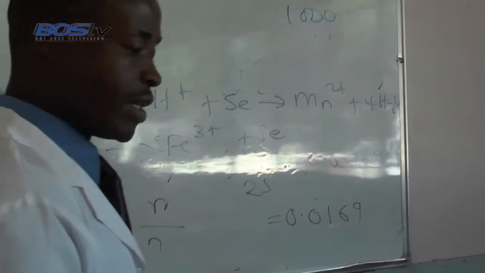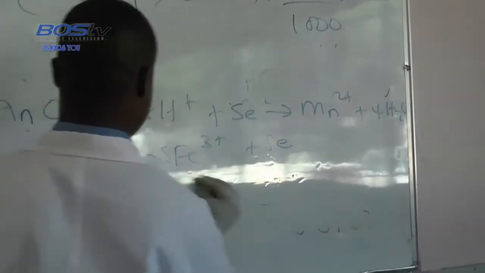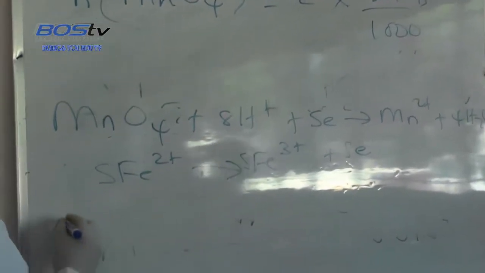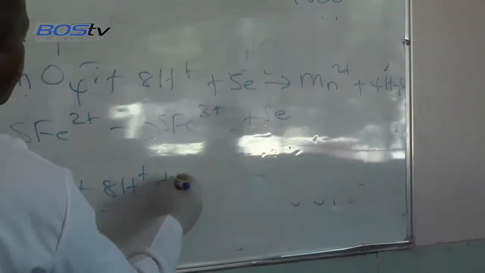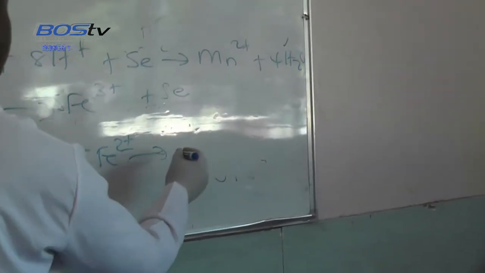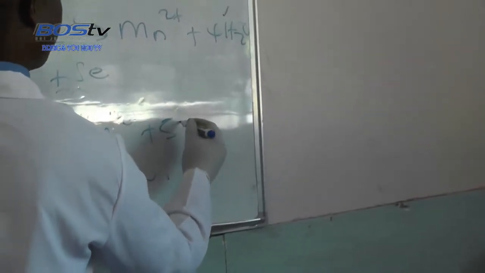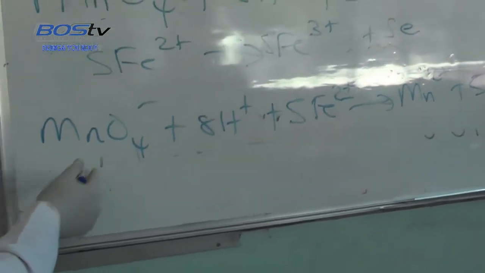Then our overall equation for the process will be obtained by adding 1 and 2, which is MnO4 minus plus 8H plus plus 5Fe2 plus, this will produce Mn2 plus plus 5Fe3 plus plus 4H2O.